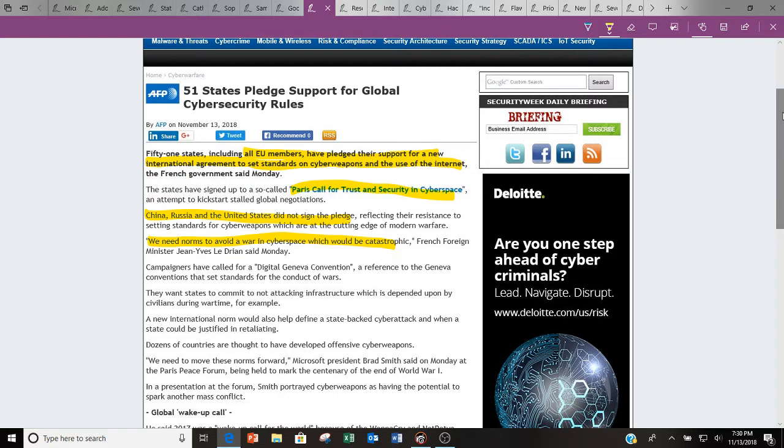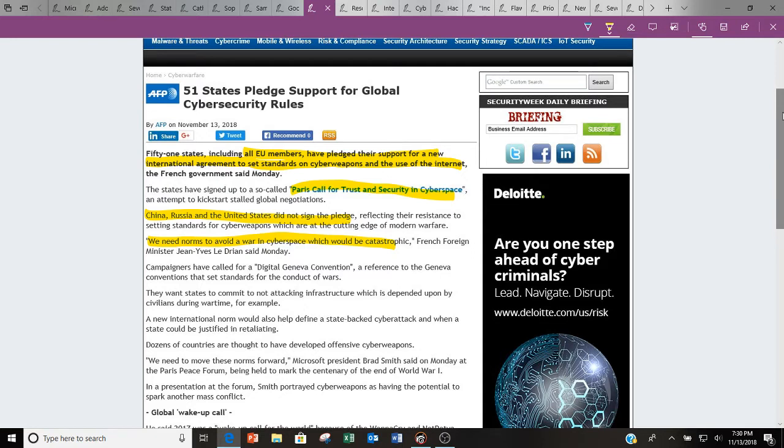pledge. Now, I'm not making assumptions here, but I've been doing news research for 10 years. And if we go back and look at the nation states that continually show up in the list of ones that are doing cyber attacks, the United States is one of them, China is one of them, and Russia is one of them.